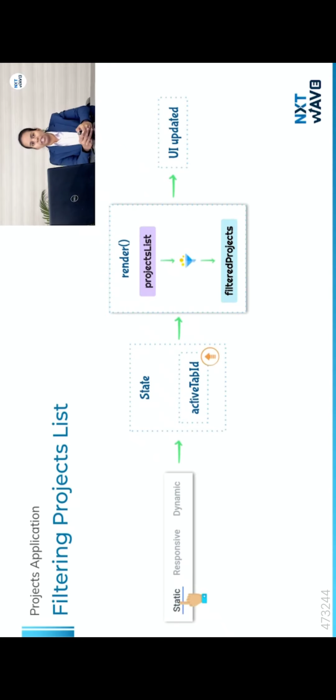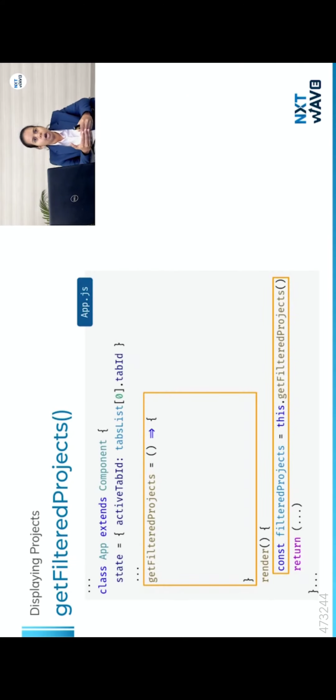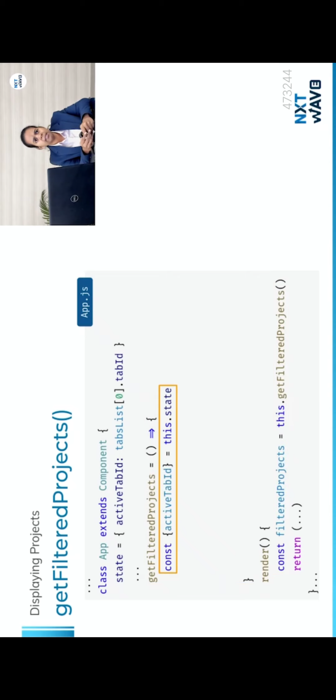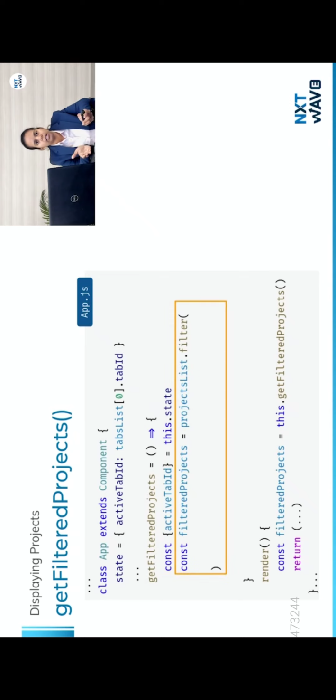Now let's proceed further and complete our functionality. As we understood, in the render method, we will get the filtered projects and then display them. So let's write a method for it, get filtered projects. In this, we are going to make use of the active tab ID present in the state, so we are accessing that. Then based on that, we will filter the projects list.